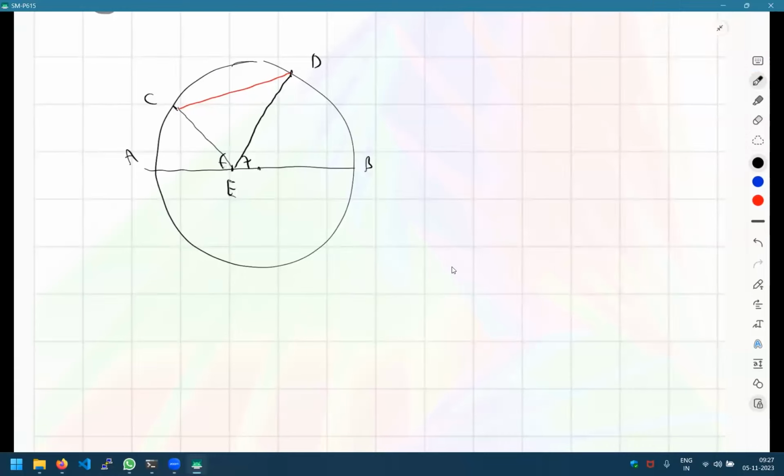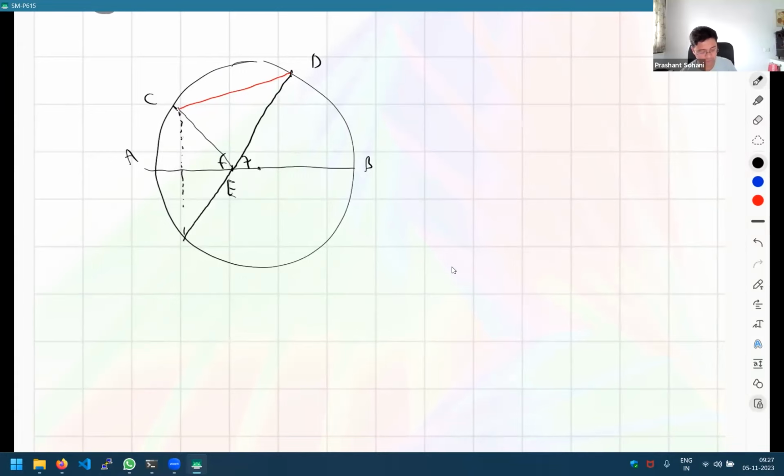Sir, we reflect C about AB, so it will lie on the circle with AB as diameter. Yes, correct. So basically, if we extend this line or take the reflection, they both are going to meet at the same point. Let me call it C dash. So if we have any chord CD, then we reflect C about AB to get C dash and join C dash D, and E will be our point which is equally inclined. Yes, correct.